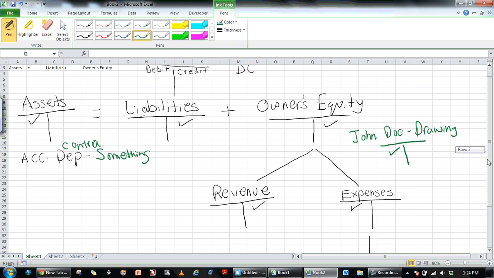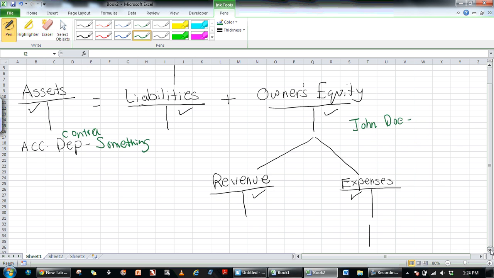When an owner withdraws money from the business, there are fewer assets left inside the business that belong to the owner. So drawings decreases owner's equity and therefore has an opposite balance. So you've learned of that contra account.